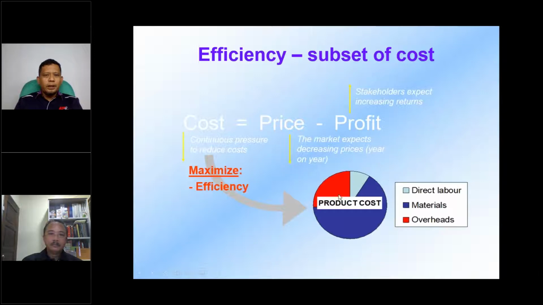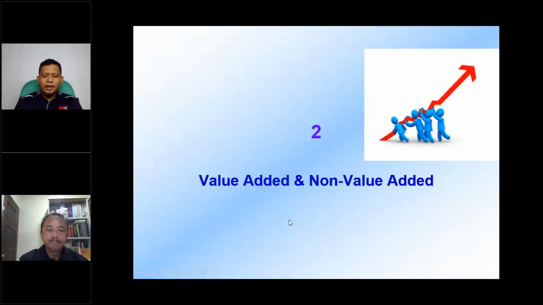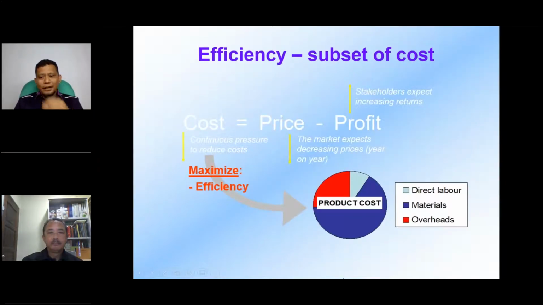Anyway, when we want to improve our efficiency, our traditional method is basically to think about increasing the price so that we can increase the profit. But one of the things we have to balance is that, instead of increasing the price, we should look at our operating costs to make them more efficient.